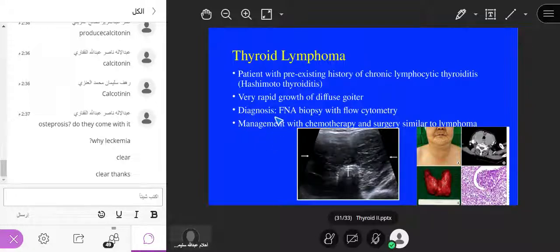You diagnose that by FNA of the thyroid and doing flow cytometry to look for lymphocytes. Treatment is taking the thyroid out, followed by chemotherapy, same as lymphoma.